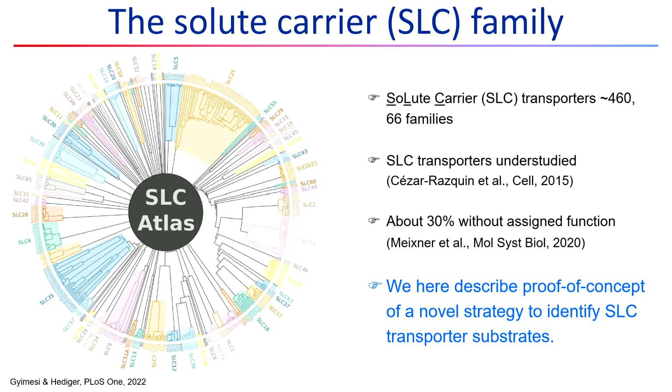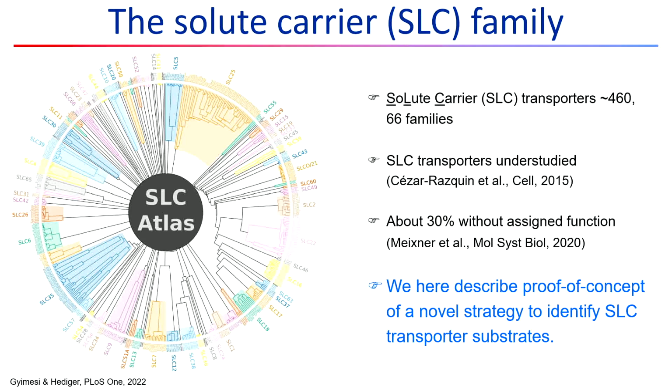So this is another representation of the large SLC family. There are currently 66 families, about 460 members. And what Professor Giacomini already said, many of those are understudied, and still about 30% without an assigned function.